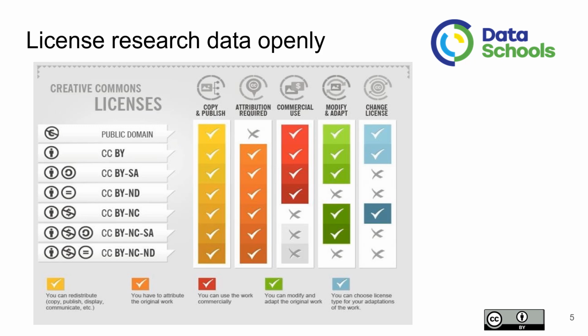The next row is modify and adapt, and those licenses allow you to modify the data which the original person has created, and to adapt the data. The last row gives you permission to even change the license under which this data was created originally.